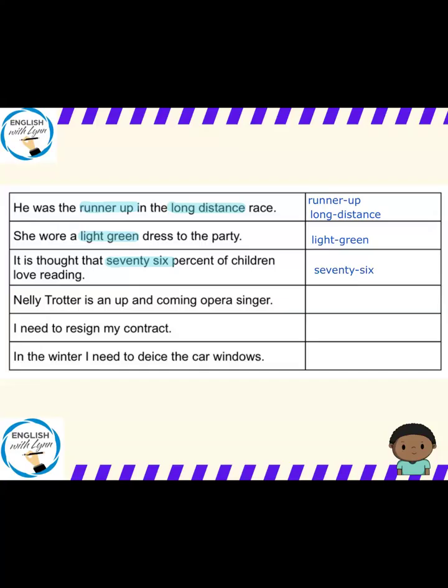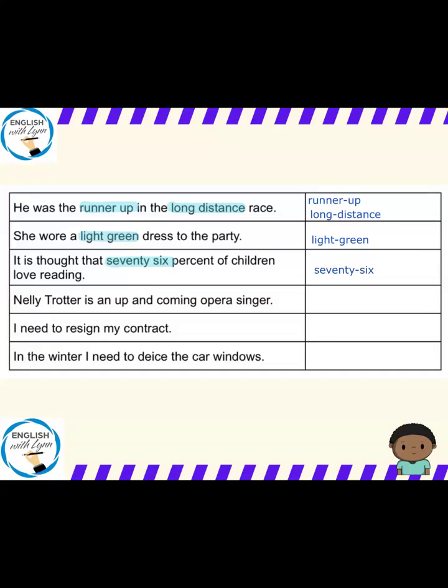Now, I don't know if you will be able to spot the next one, because in the next one I am being quite informal. So I've got: Nellie Trotter is an up-and-coming opera singer. Does anyone know where those hyphens need to go? Which bit of that is informal and belongs together?